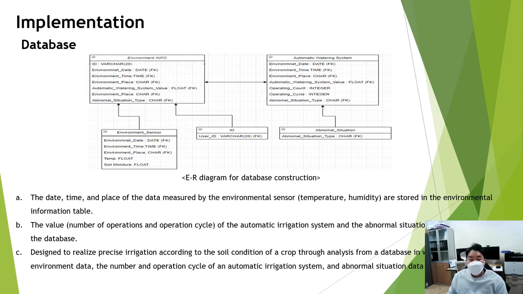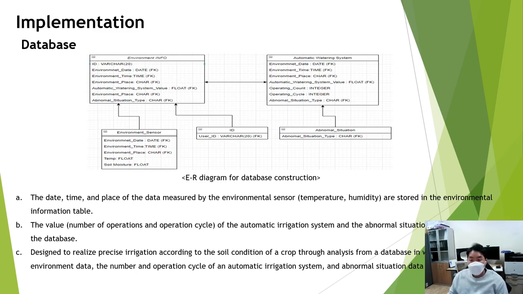The following is an ER diagram for database construction. It is designed to store the date, time, and place of the data measured by environmental sensors in the environmental information table. That is, data on the number of cycles of operations and type of abnormal situations.